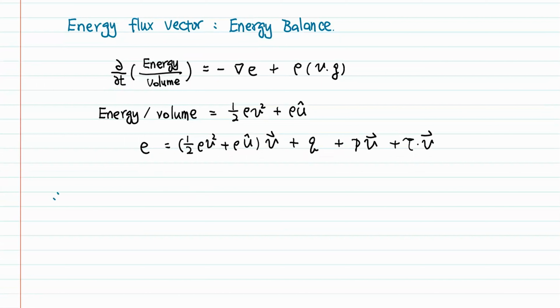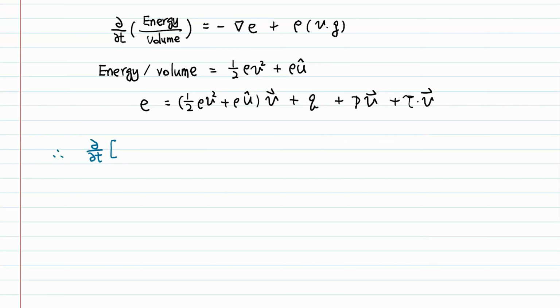On the left hand side we have the change of the kinetic and internal energy per volume of the fluid, equal to the gradient of the combined energy flux vector, which has a lot of terms.